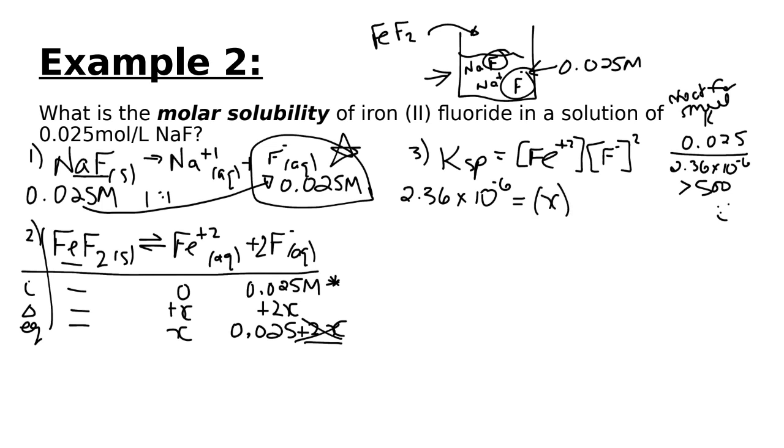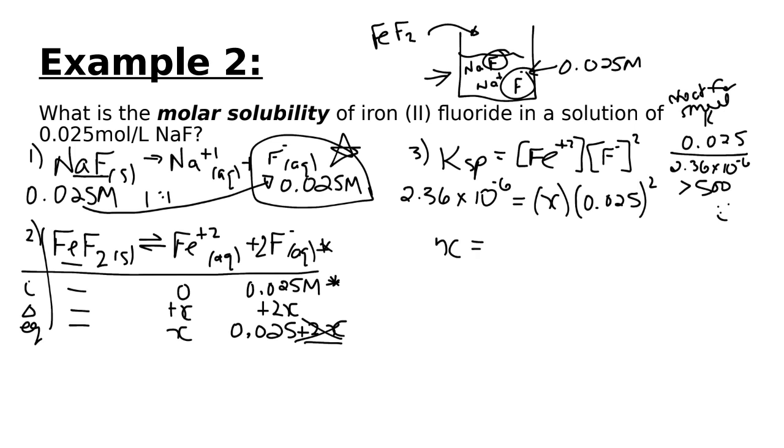Iron is going to have a value of X that we insert. Fluoride will only be 0.025, but don't forget to square it. You still need that coefficient of 2 coming off of the dissociation equation, which squares everything. We're going to set this up now. So for X, we just have to do some rearranging.